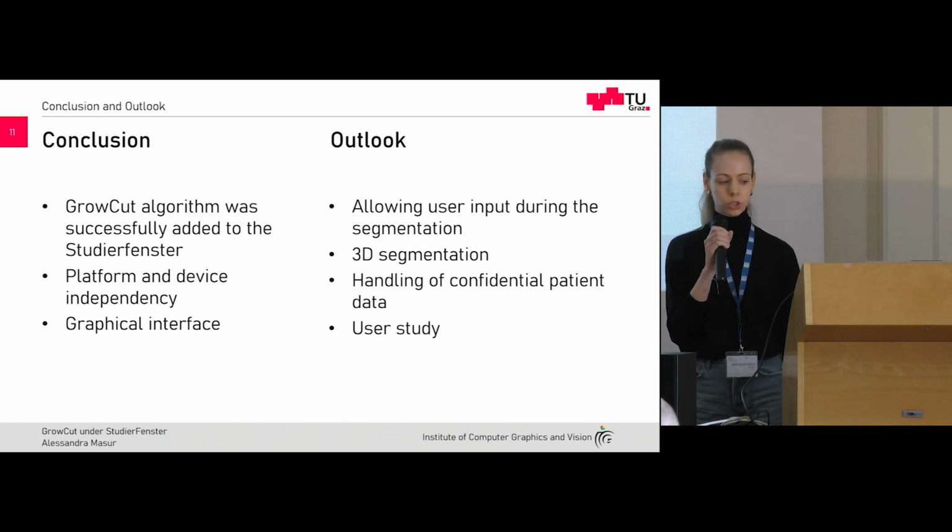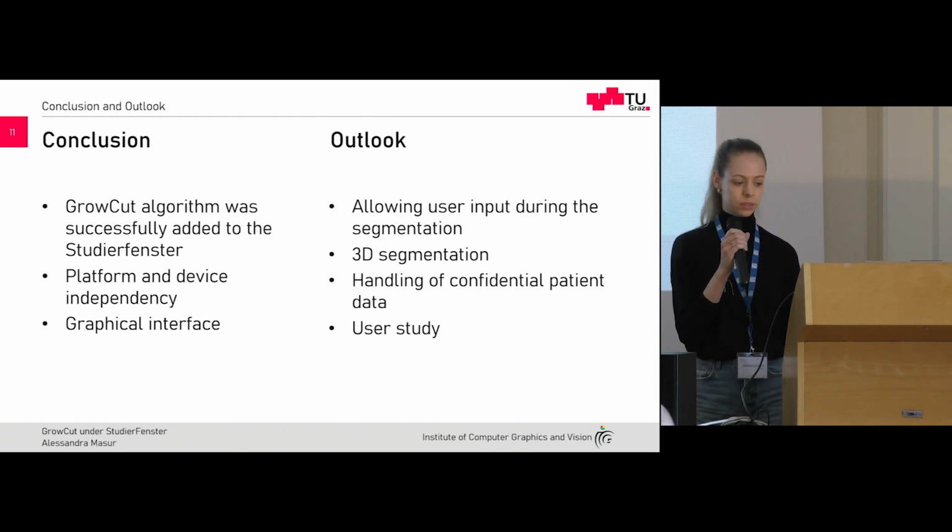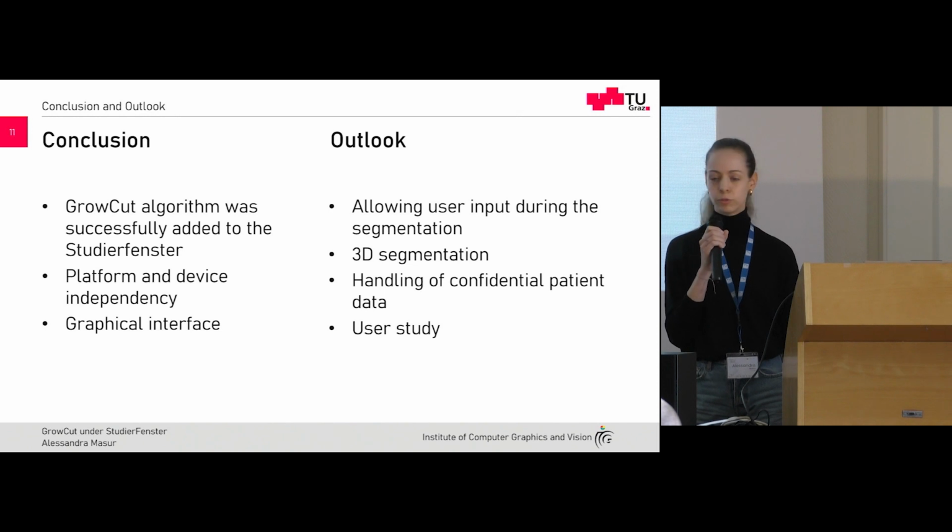And there's also the issue of handling confidential patient data, because as it is handled at the moment, it might be undesirable to send confidential patient data to a server. So we could think about alternatives for the future. And also a user study would help us to realize some flaws with the workflow or with the user interface as well.